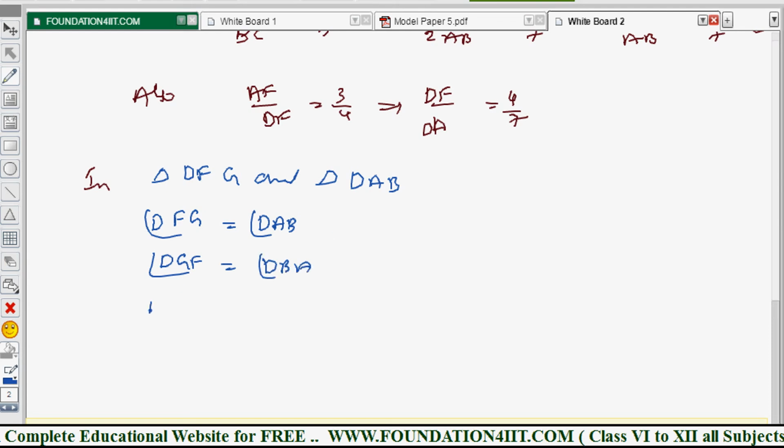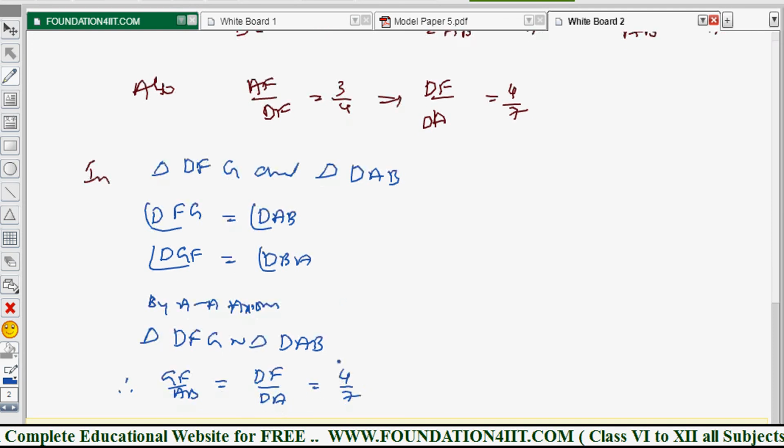So by the AA axiom these two triangles are similar: triangle DFG is similar to triangle DAB. Therefore GF by AB is equal to DF by DA, which is equal to 4 by 7. Let this be the second equation.